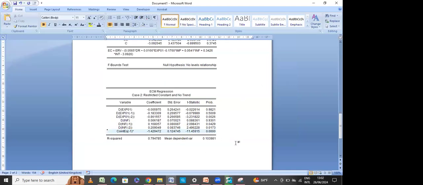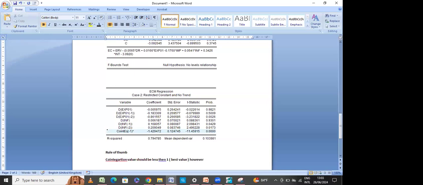Rule of thumb: co-integration should be less than 1 at best.